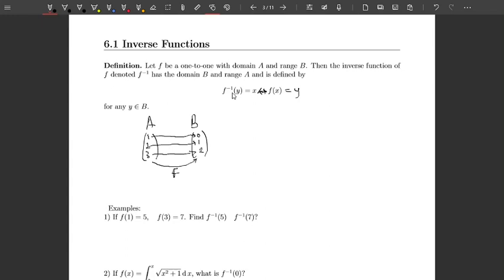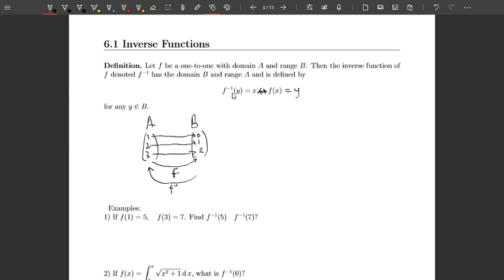The inverse of this function f is the rule that takes every element in B back to its pre-image in A. Since this is one-to-one, I can actually find out where each element came from. So this rule is what we call f inverse. Notice that f inverse goes from B to A, so B is the domain of the inverse function, while A is the range.